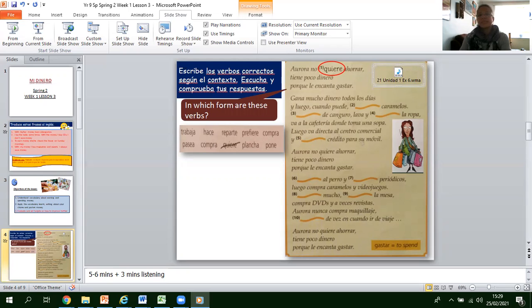Trabaja mucho, pone la mesa. Compra DVDs y a veces revistas. Aurora nunca compra maquillaje. Prefiere de vez en cuando ir de viaje.